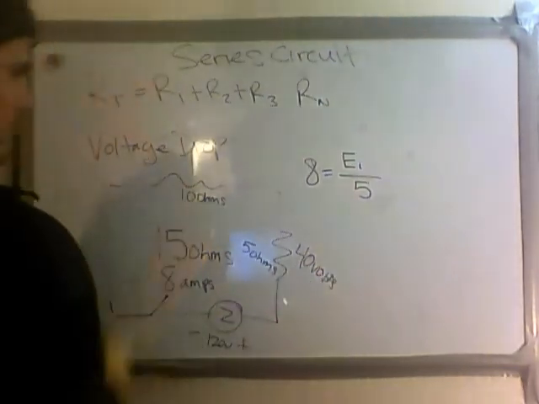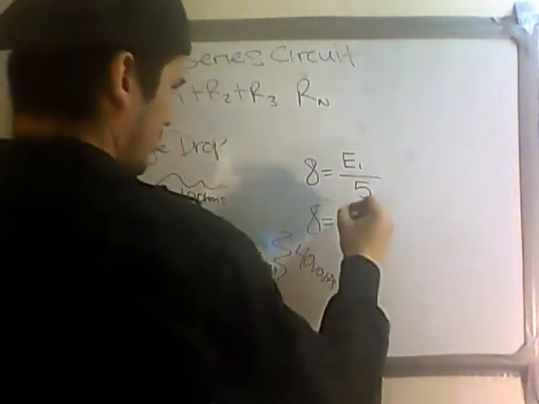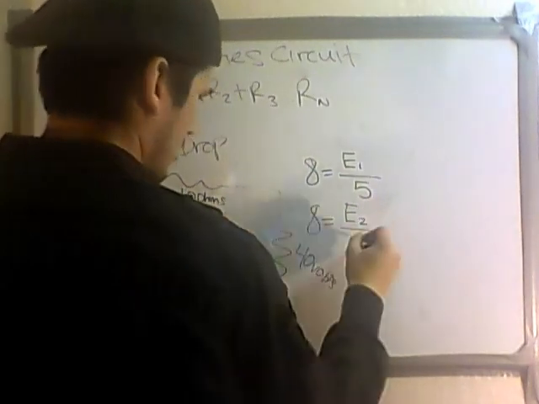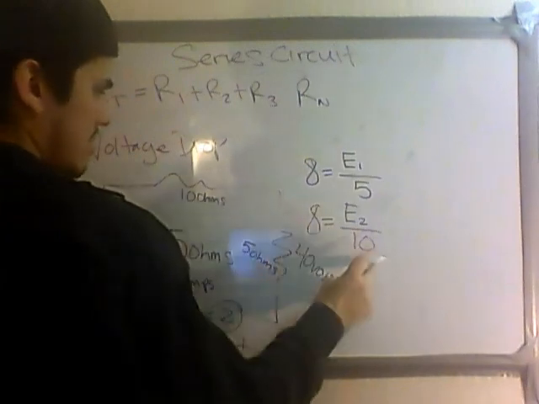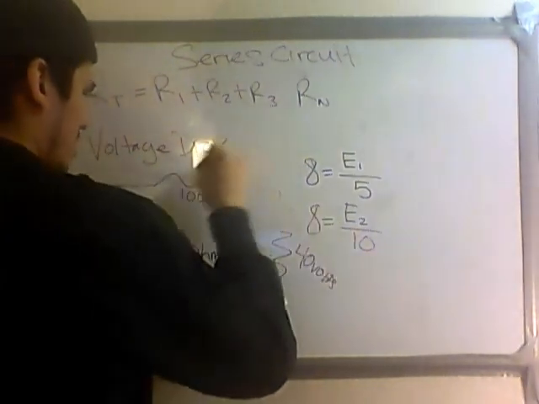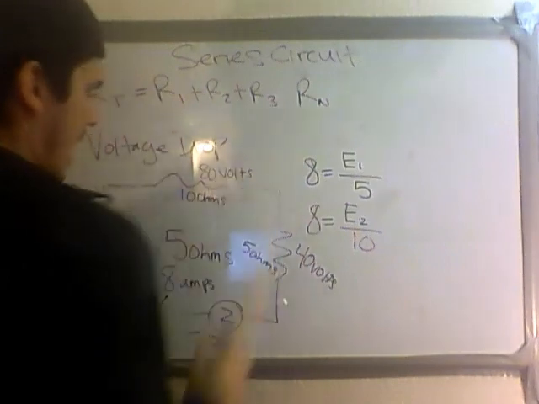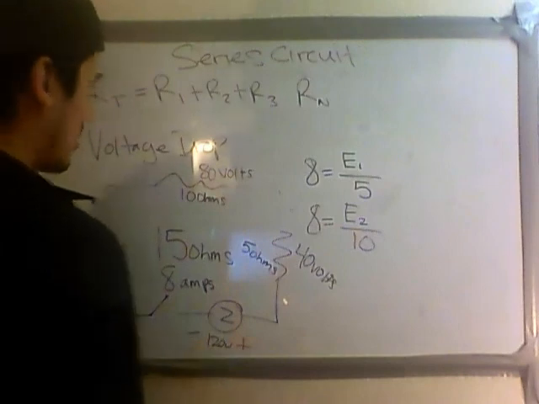And for E2, we take the same 8 amps and set that equal to E2 divided by 10. So 8 times 10 is 80, so this must have 80 volts. And if you add these two, 40 plus 80 gives you 120, because of the voltage drop.